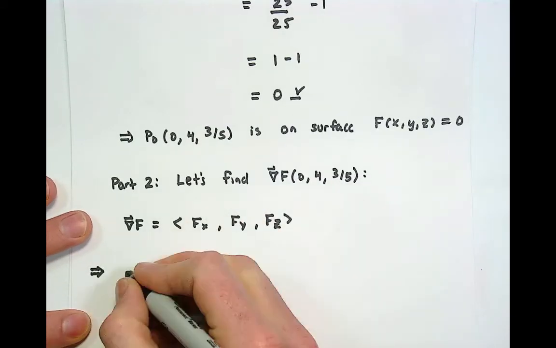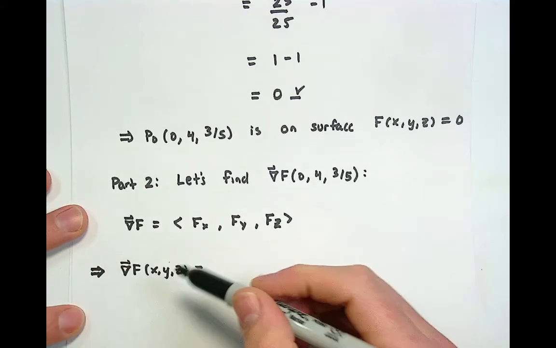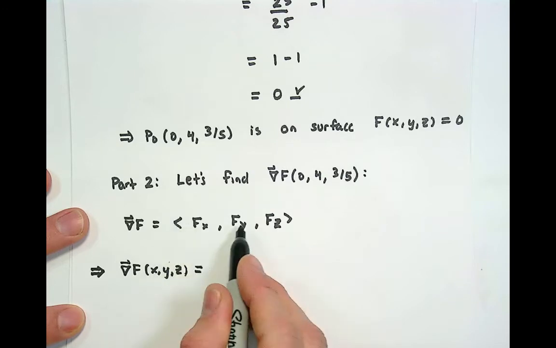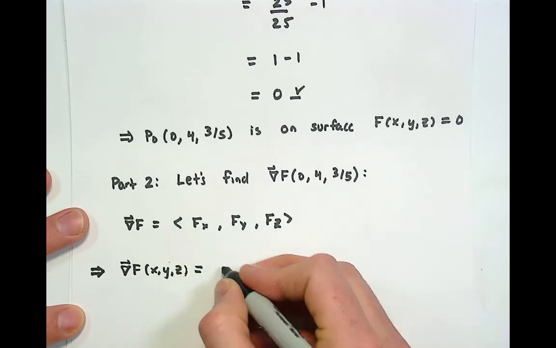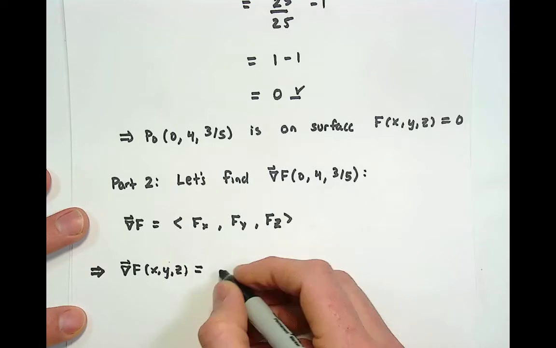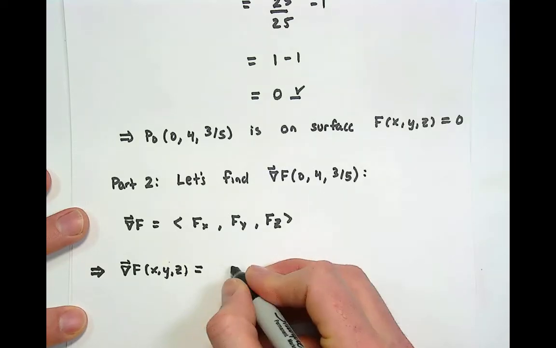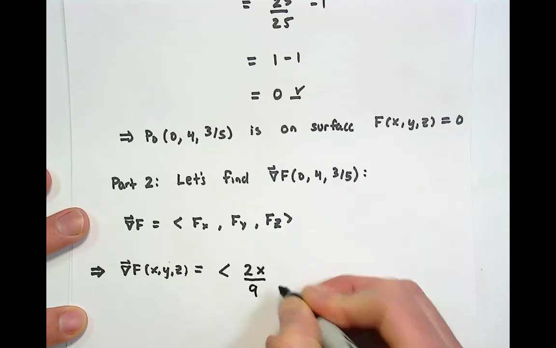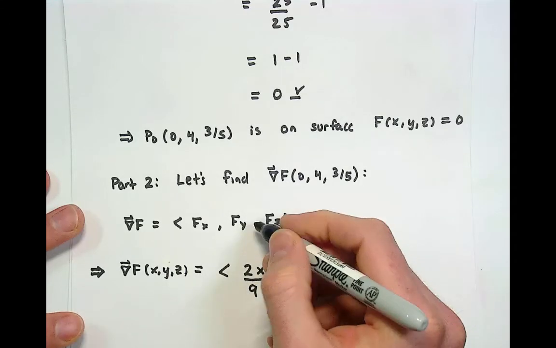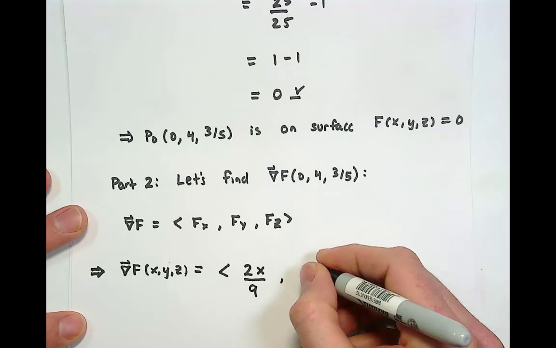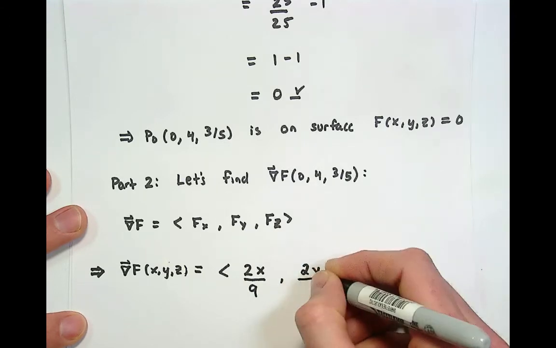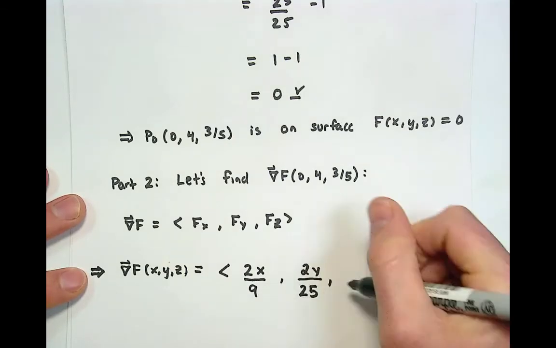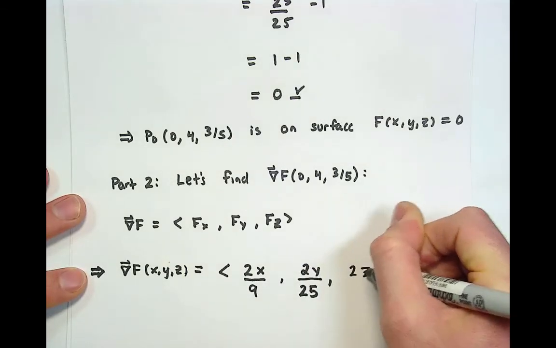However, just to make it clear what's happening here, when we write the gradient, we're going to take the partial derivative of the function with respect to each independent variable. So here, when we take the partial derivative with respect to x, this would be something like 2x divided by 9. When we take the partial derivative with respect to y, this would be something like 2y divided by 25, I'm sorry. And then the partial derivative with respect to z would be 2z.